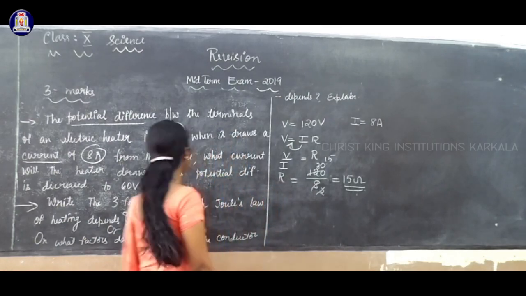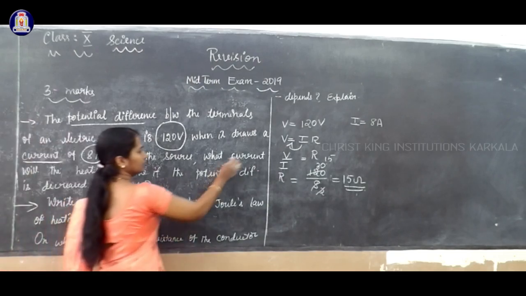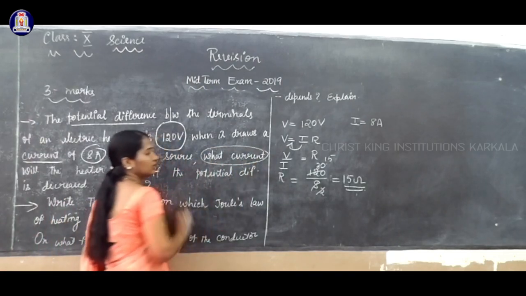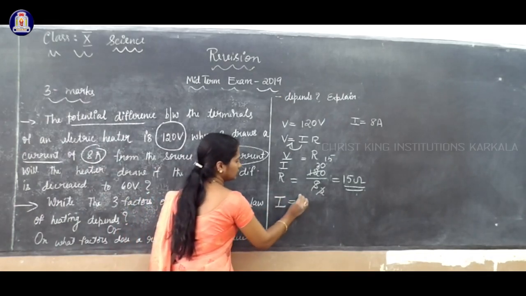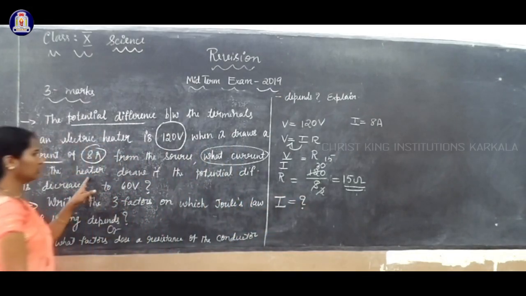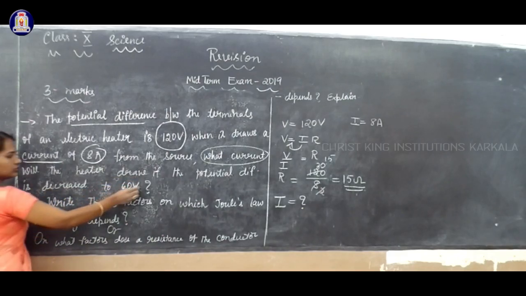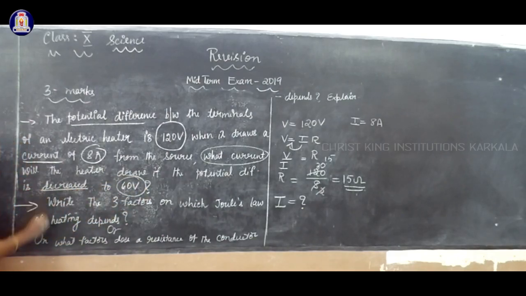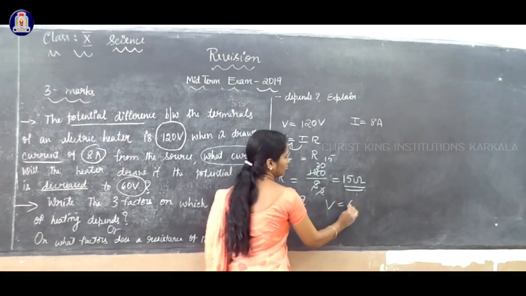Now the continuation part of this problem. What current will the heater draw? We are going to find the current I. How much current will the heater draw if the potential difference is decreased to 60 volt? Potential difference V is given as 60 volt.